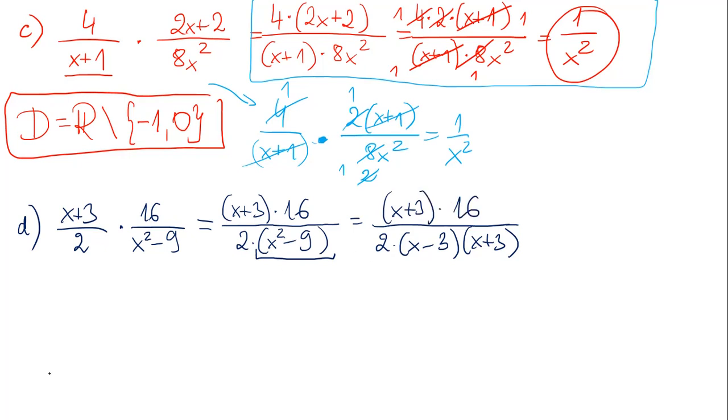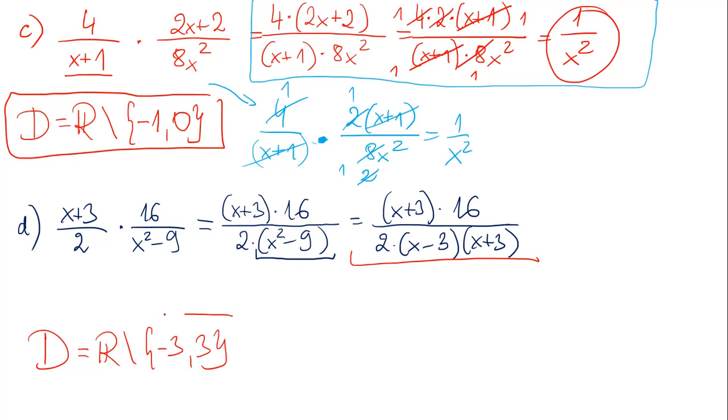Okay, and if we have this fraction, we can easily write down the domain. Let's go to the domain. So we have to exclude 3 and negative 3, right? So those two numbers need to get out of the domain. And now we can cancel down the fractions.